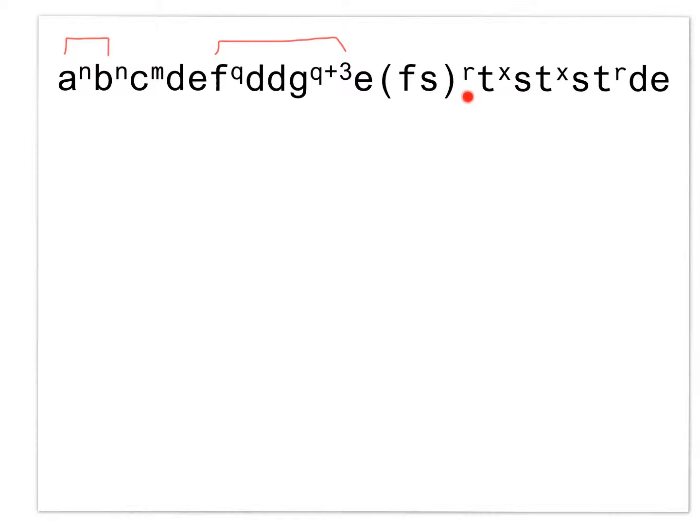There's an R here and an R there, so this whole F to the R, all the way up to that T to the R, goes together. And inside of that, you can also see there's some X's, so we've got the T to the X, S, T to the X business going on.